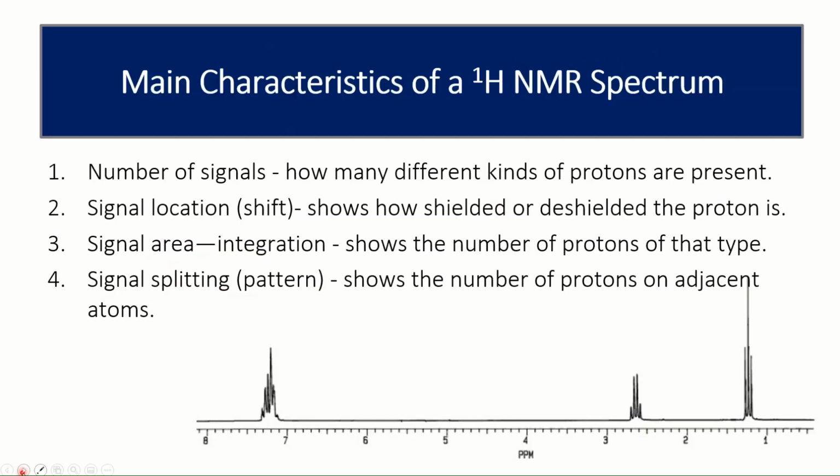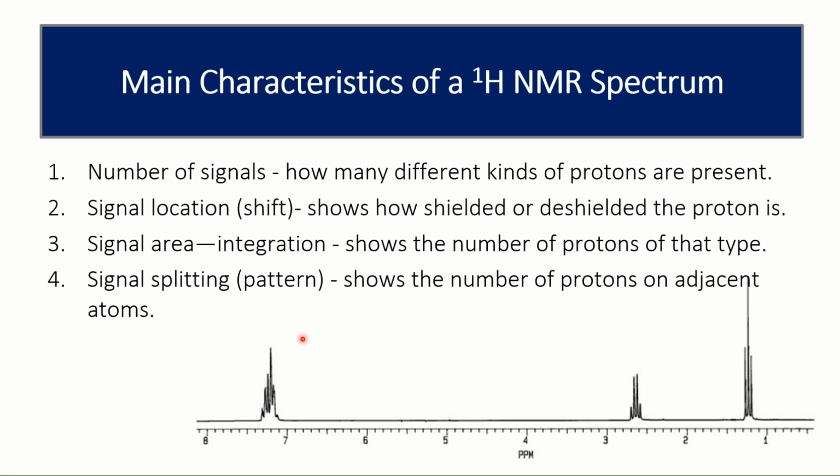And this is the sort of information that you get from your proton spectrum. The number of signals, which is how many different types of protons are present. In this case, we have at least 3 main types of protons, because 1, 2, 3 signals.